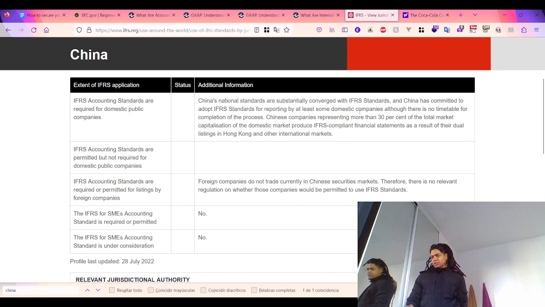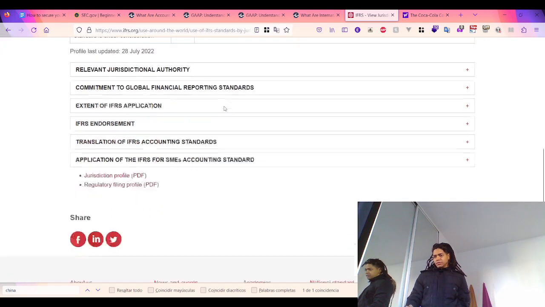Chinese companies representing more than 30% of the total market capitalization of the domestic market produce IFRS compliant financial statements as a result of their dual listing in Hong Kong and other international markets.